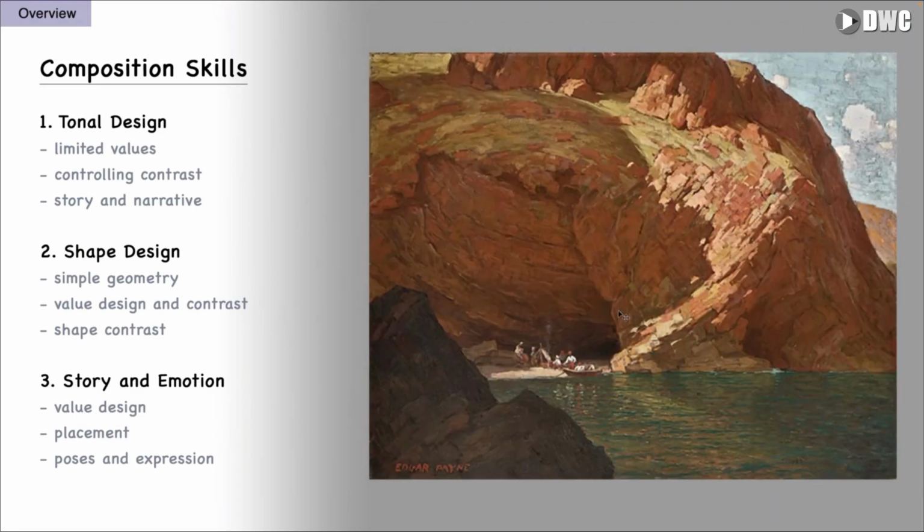The next skill we're going to look at is shape design. Shape, in my mind, is one of the first considerations. Shape and value are one of the first considerations when you make a picture, because your picture itself is basically a rectangle or a square. You have to understand that because of your limitation, you only have this little rectangle to work with.